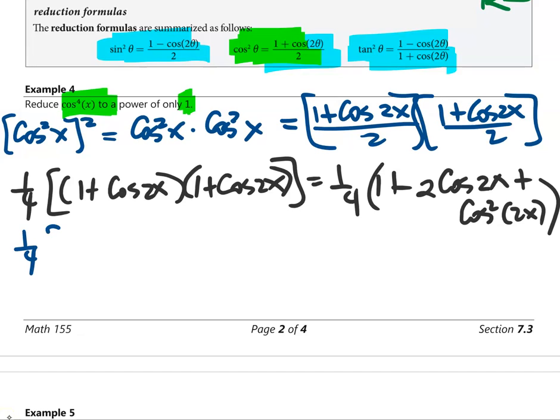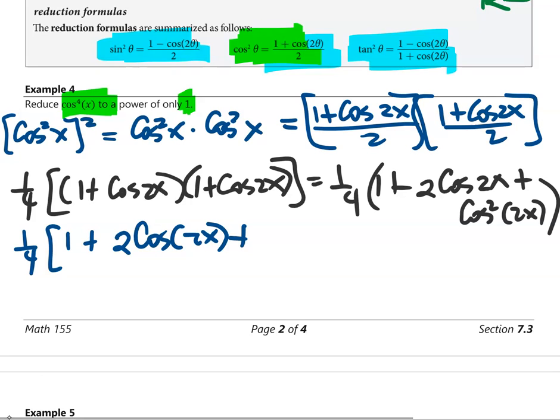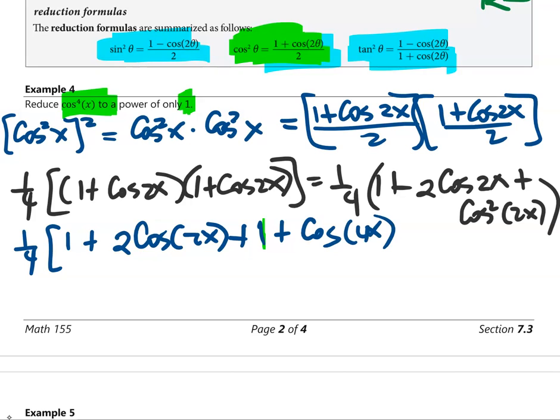Then this is now 1/4 of 1 plus 2 cosine 2x plus another cosine squared. So you could use again this reduction formula. So that is now 1 plus cosine 2 theta. So 2 times 2x is 4x over 2.